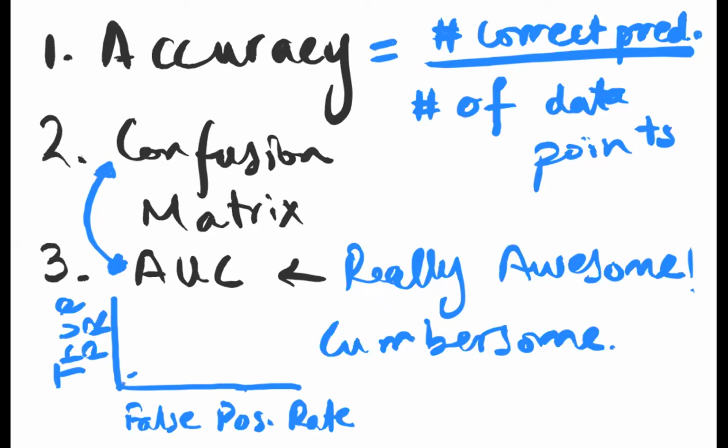Normally, if you are randomly guessing, then you are already on this red line. And if your model is smart, it should be above this line. You should have a curve like this, if this is one and this is one, or maybe a curve like this.